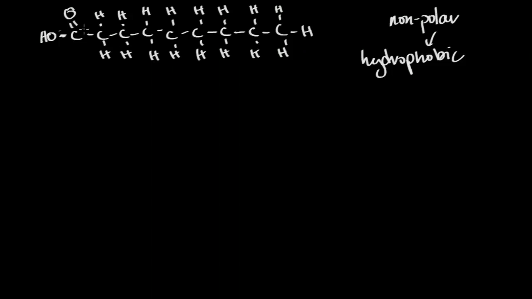So, moving on to point 3, finally. Point 3, you need to be able to list 3 examples of monosaccharides, disaccharides, and polysaccharides. So, let's do it this way. We've got monosaccharides.